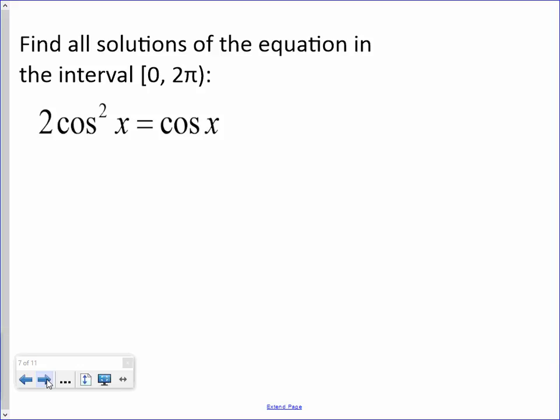Find all the solutions of the equation in the interval from 0 to 2 pi for the equation 2 cosine squared x equals cosine x.